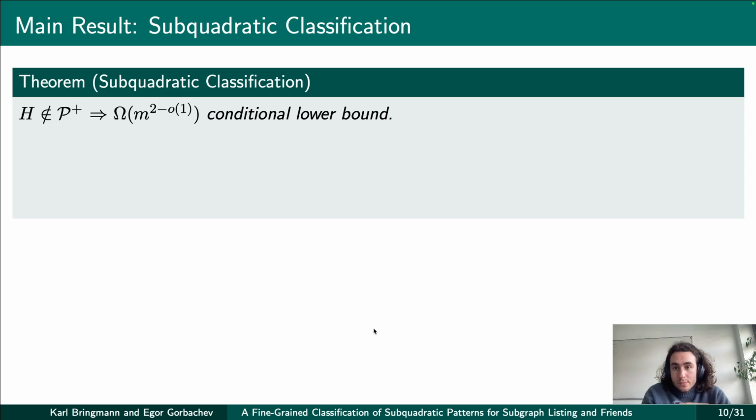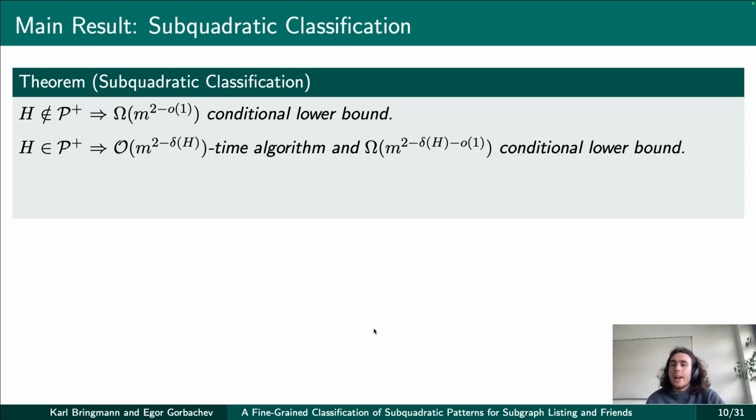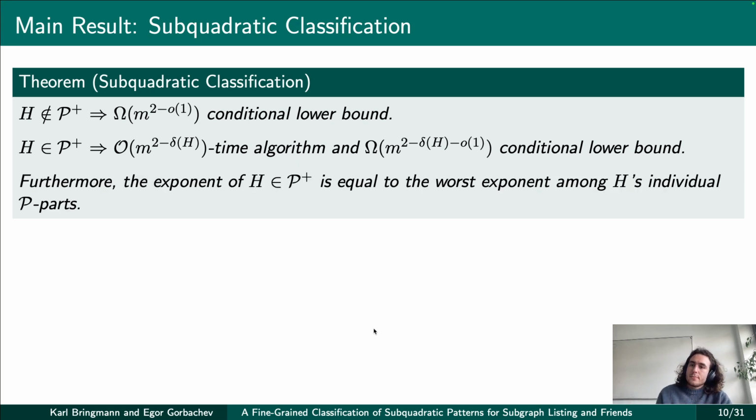More formally, for all pattern graphs that do not lie in calligraphic P+, we prove conditional quadratic lower bounds. And for all patterns in calligraphic P+, we present truly subquadratic algorithms and matching lower bounds.